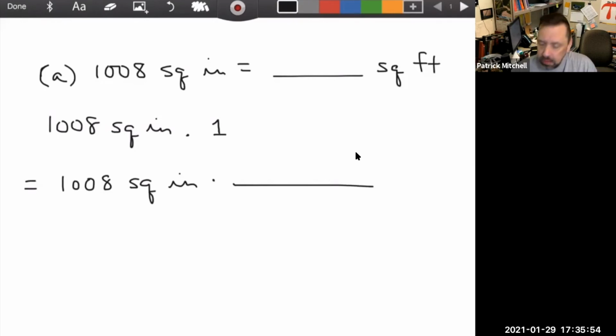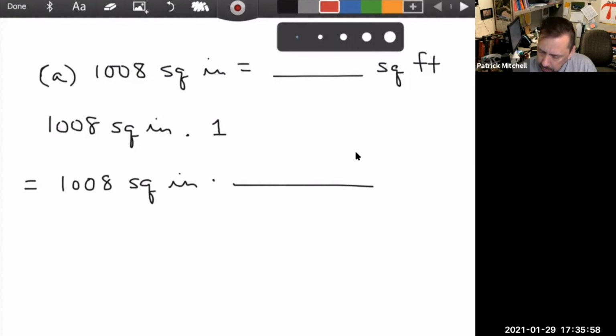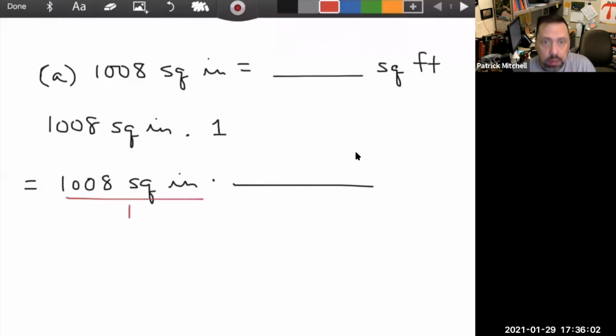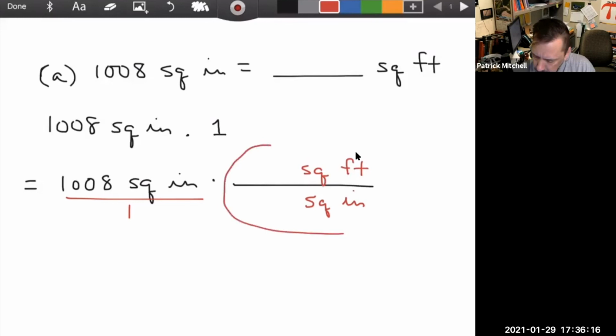All right, so the form of 1 I'm going to use is going to do this. First of all, I'm going to put a 1 underneath 1,008 square inches. And then I'm going to put square inches down here, and I'm going to put square feet up here. So remember, I need this expression right here to equal 1.